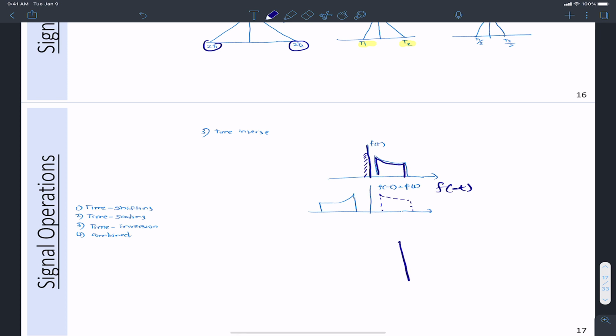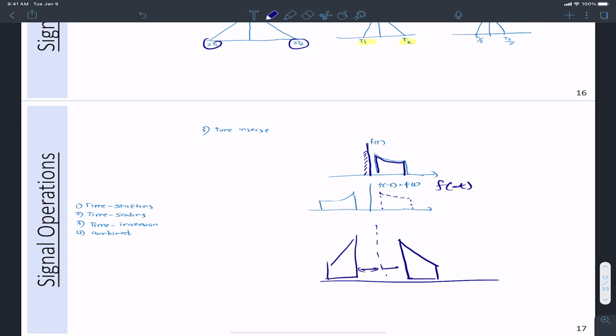For example, if you have a signal like this, and this is the axis, then it's going to be like this. This distance is the same, the height here is the same, everything is the same, but it's like a mirror image. That's f(-t). So that's the time inverse property.